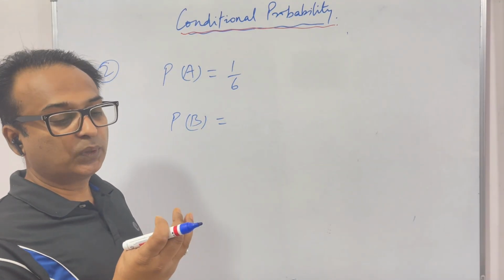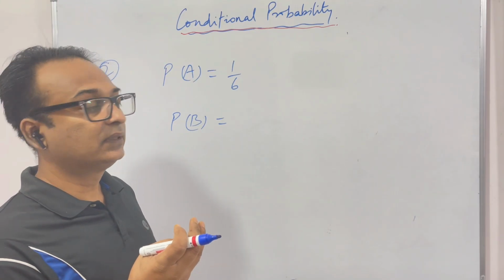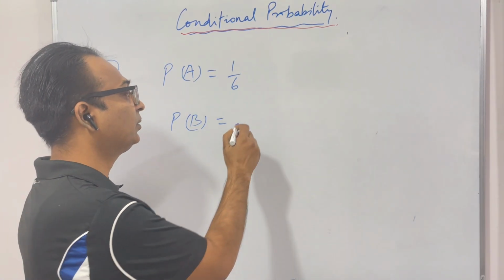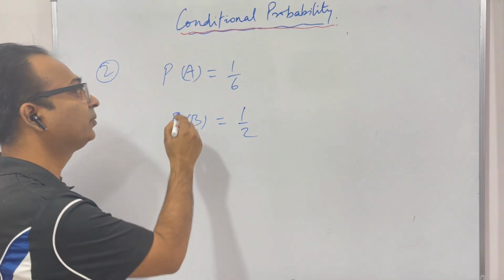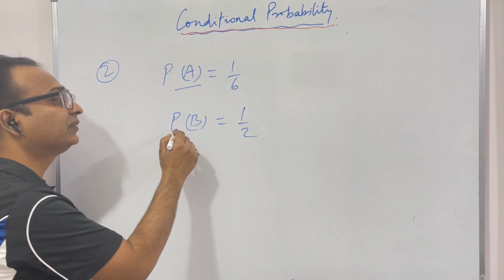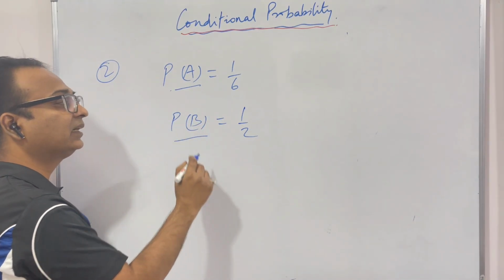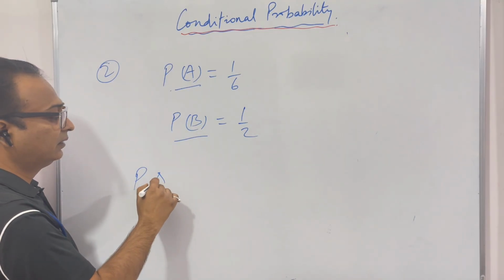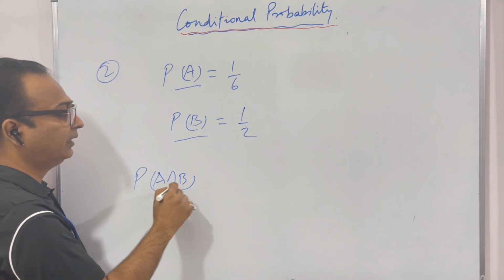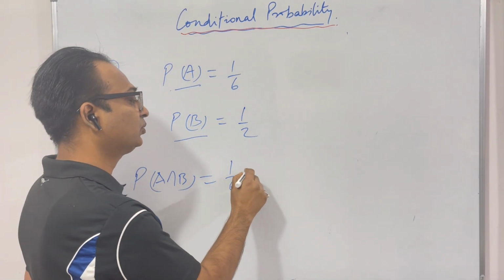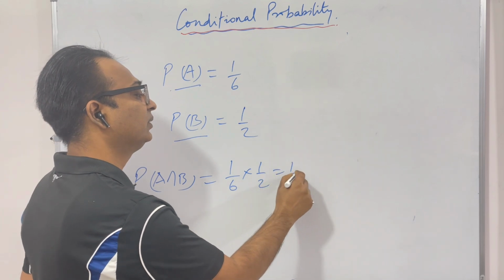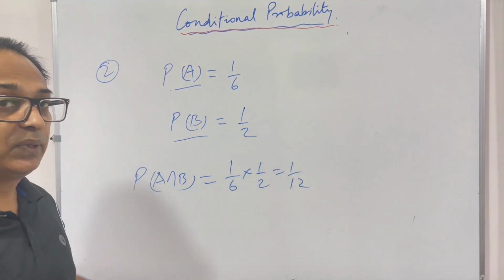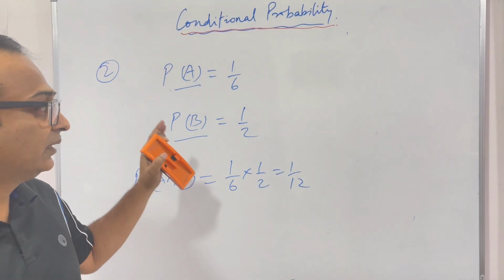What are odd numbers? 1, 3 and 5. So 3 by 6, 1 by 2. Therefore, the combined probability of A and B will be equal to 1 by 6 times 1 by 2, that is 1 by 12. So this is an example of independent events.